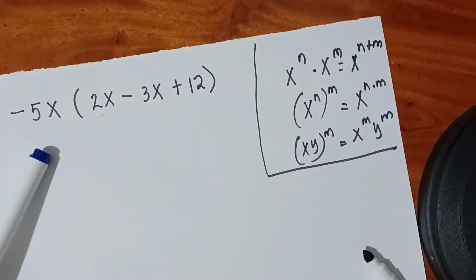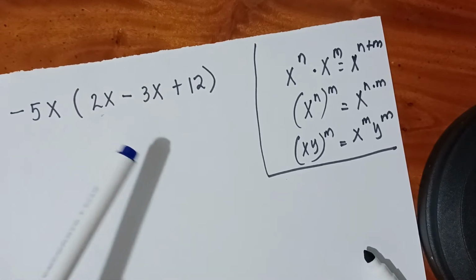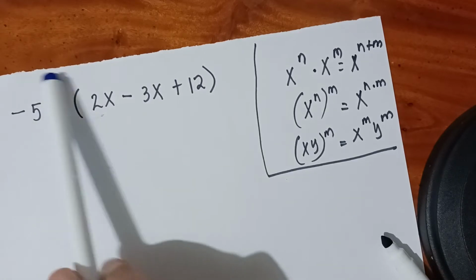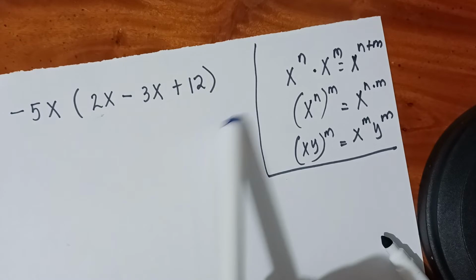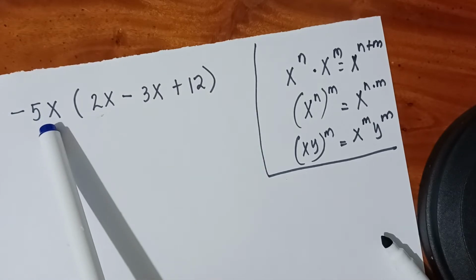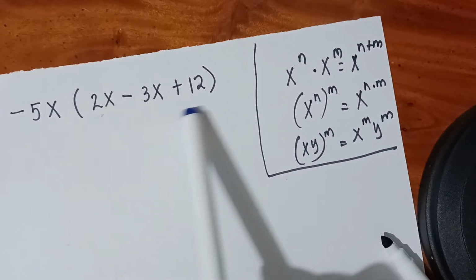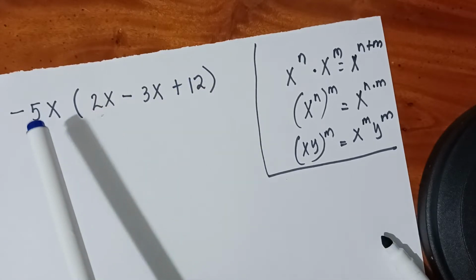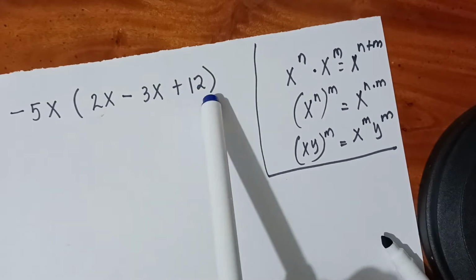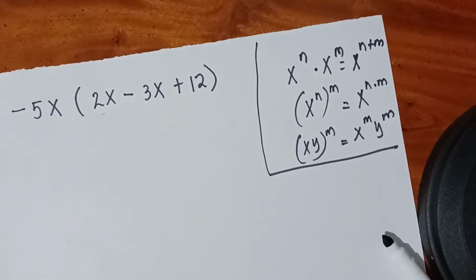So, negative 5x times 2x minus 3x plus 12. So, pag ganito, monomial times a polynomial, ano ang gagawin natin? Kailangan natin i-distribute yung negative 5x dito sa loob nito. So, ibig sabihin, pag i-distribute yung negative 5x, hindi lang dito sa 2x, but kasama ang 3x at saka ang 12.